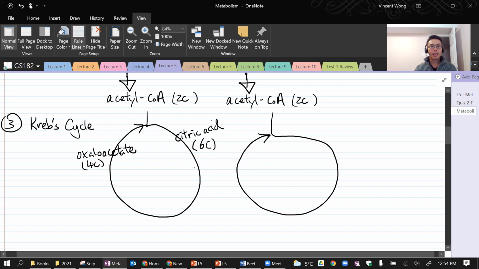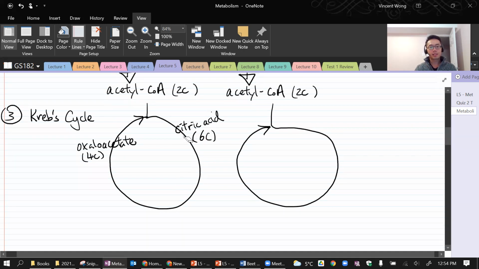Okay, and then there are going to be multiple steps, a bunch of stuff is going to happen. We're not going to concern ourselves with what they are. If you took high school grade 12 biology, you would probably have to know what the steps are, but that's okay. We don't have to do that right now.